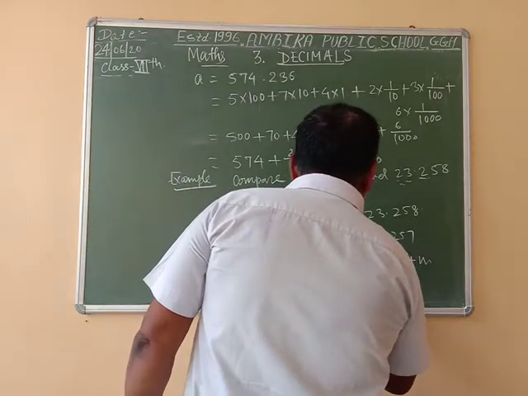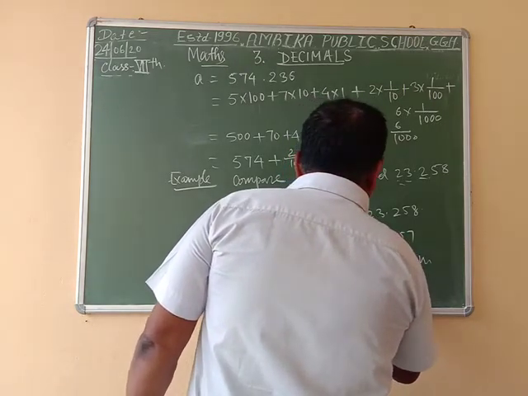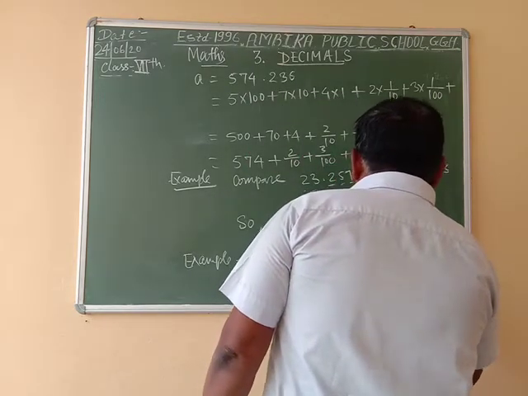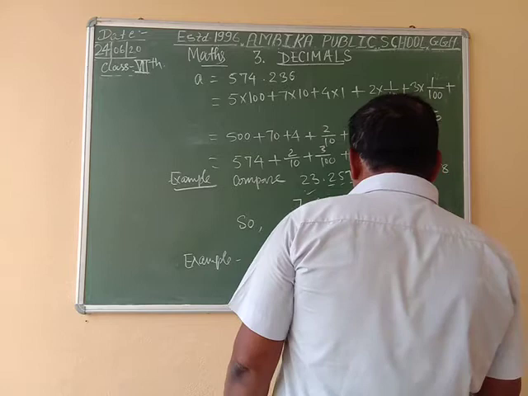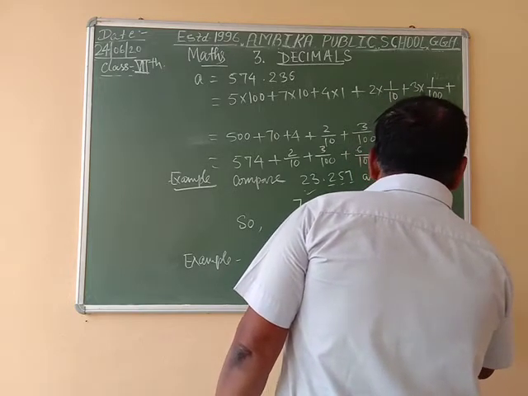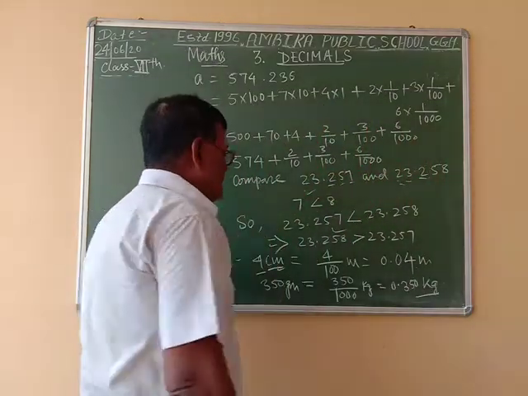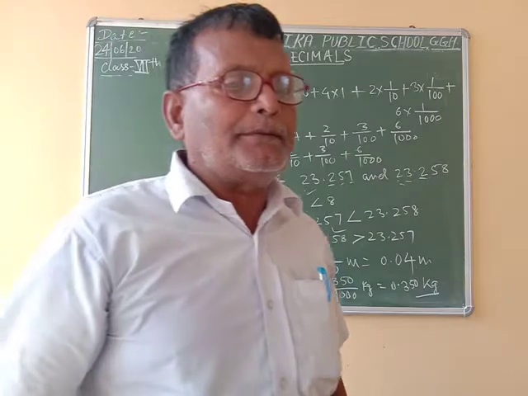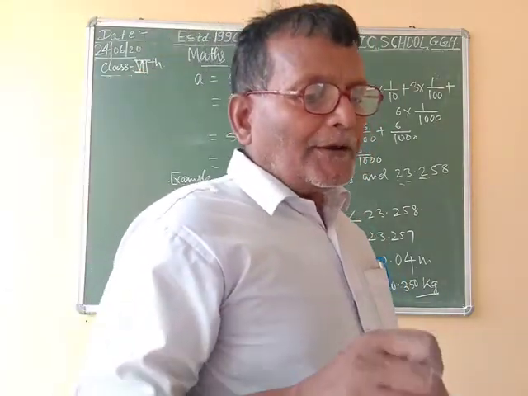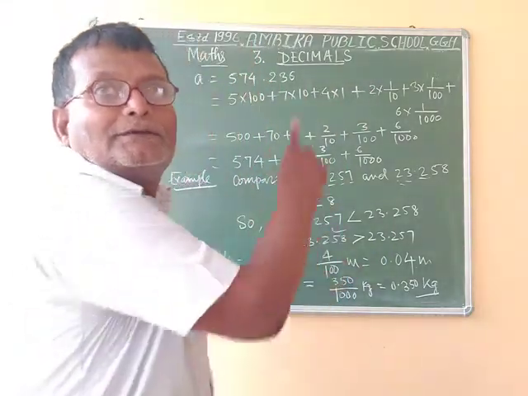So if you divide by 1000, 350 gram is equal to 0.350 kg. We can write it in the higher unit.